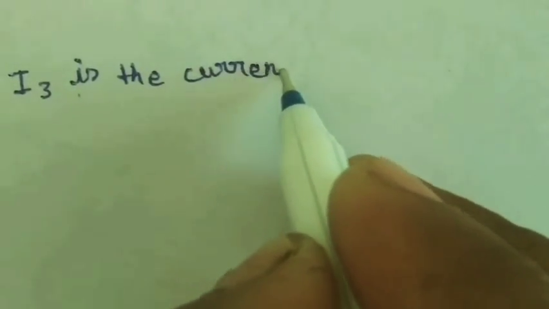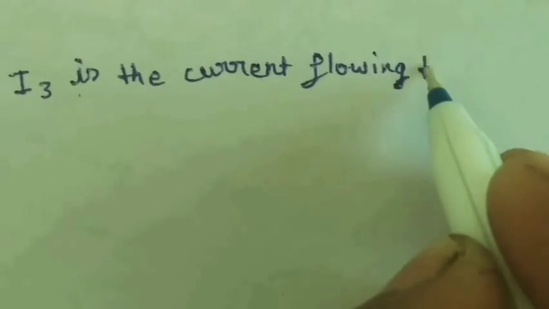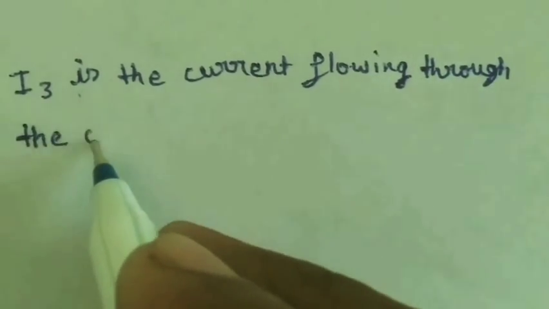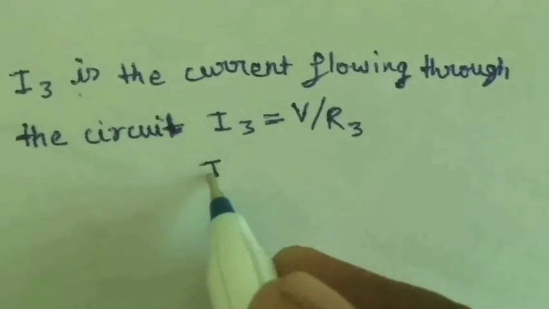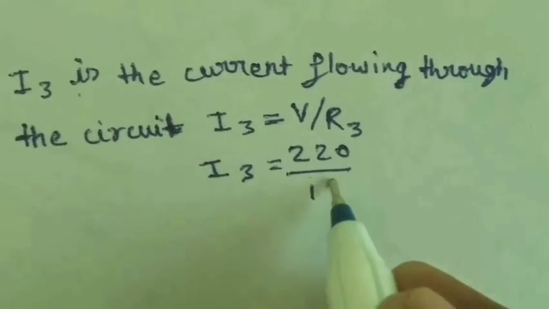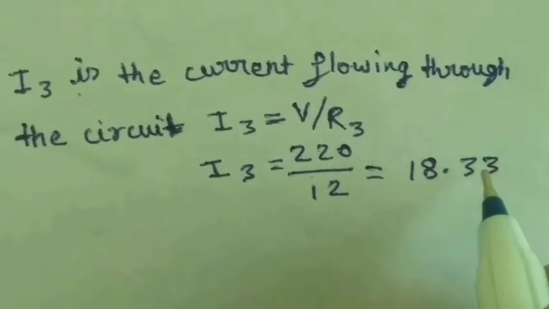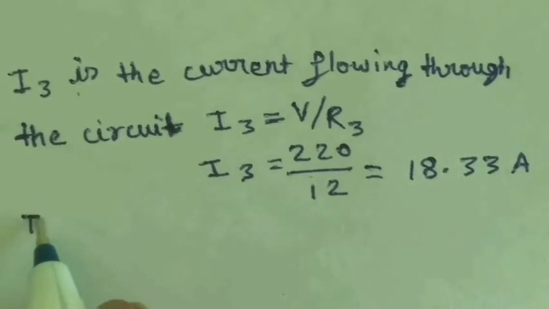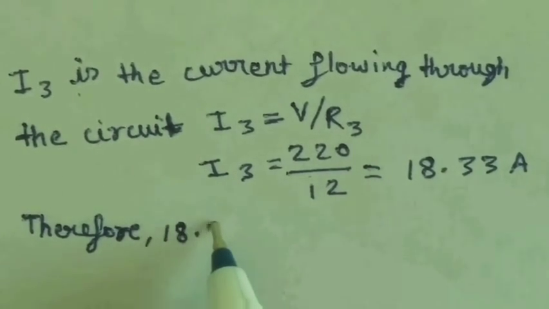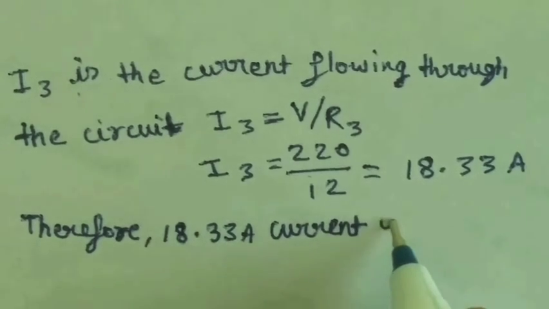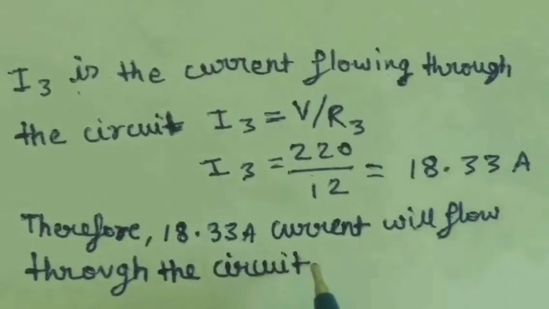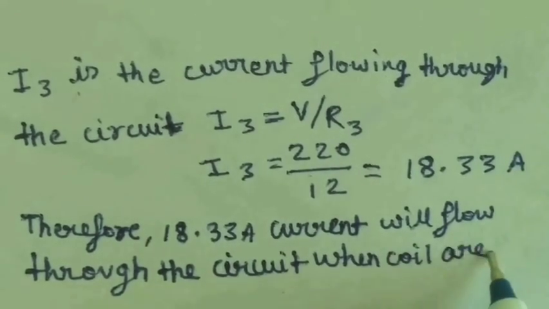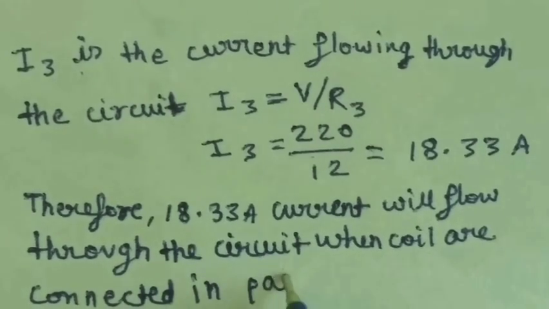I3 is the current flowing through the circuit. I3 is equal to V by R3, I3 is equal to 220 upon 12 is equal to 18.33 ampere. Therefore, 18.33 ampere current will flow through the circuit when coils are connected in parallel.